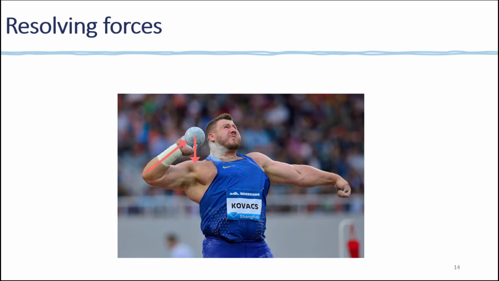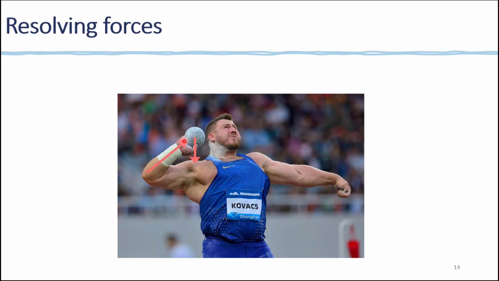Now, what happens if the external forces acting on the object are not collinear and they don't act in a vertical or horizontal direction? So in this case, if the object of interest is the shot or the ball being thrown, there's this vertical force from gravity acting on the shot, which is the weight of the shot. But the shot put thrower is also exerting a force on the shot, and that force isn't perfectly horizontal or vertical.